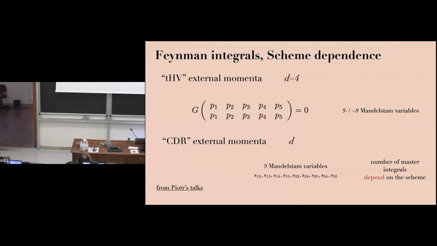But if you change to a different scheme, I think from Pietro's talk it's called the CDR scheme, in this CDR scheme, if you consider all the external particles in d dimension, d bigger than 4, then you actually have 9 Mandelstam variables. But if you consider all the external particles in 4D, then you have this kind of Gram determinant constraint.